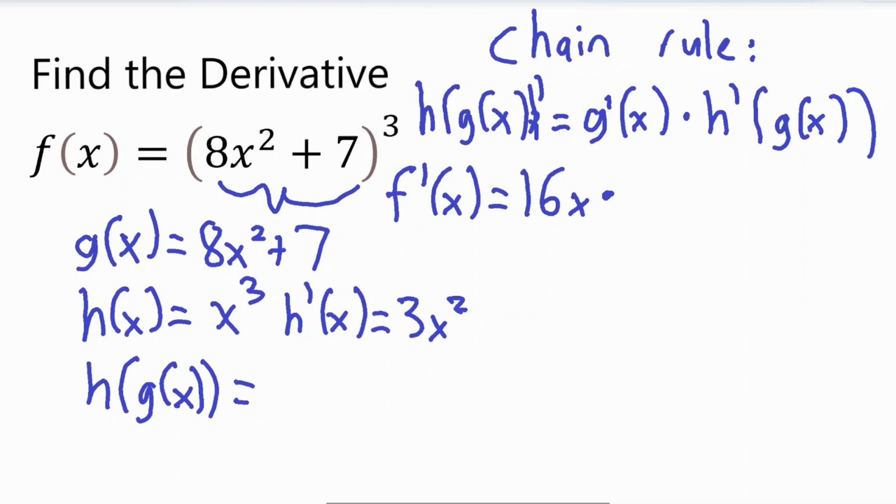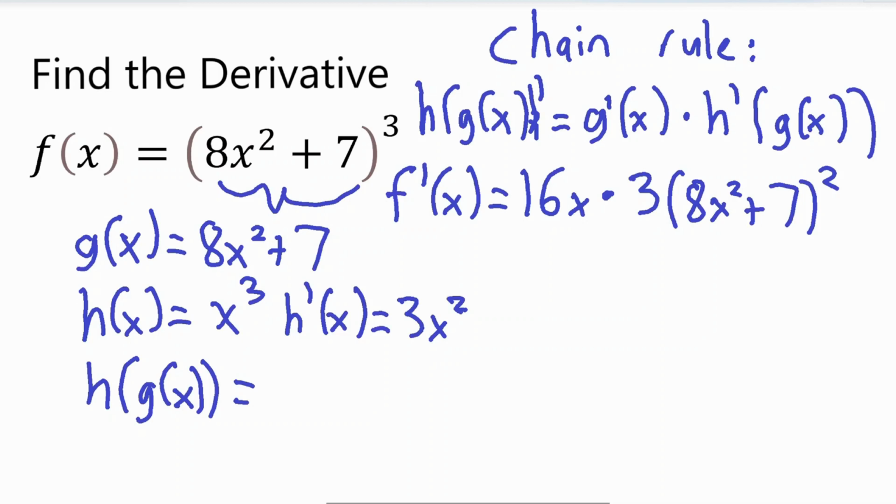So we just write that here, but instead of our x, we're going to have our g of x function. So that's going to be 3 times our g of x function, which is (8x squared plus 7) squared. Alright? So now we have this, and now we can just simplify it to get our answer.